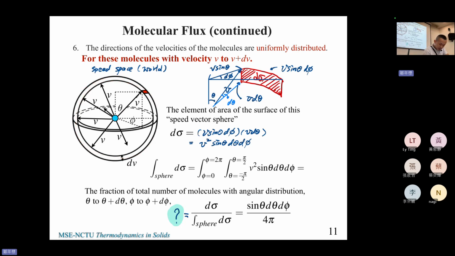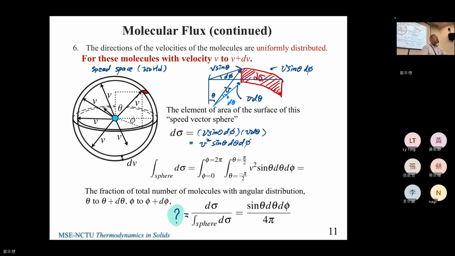Okay, so for phi we need to integrate from 0 to 2 pi. Okay, 0 to 2 pi, no problem, right? And here theta should be from minus half pi to positive half pi, to make it a circle.